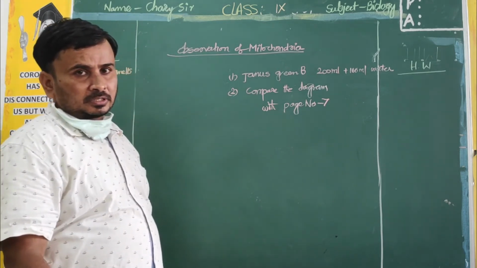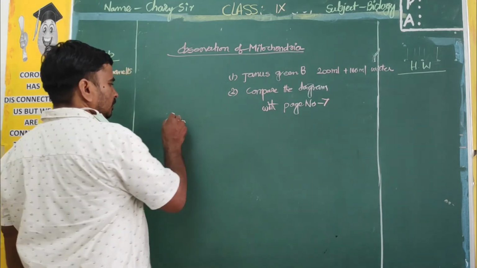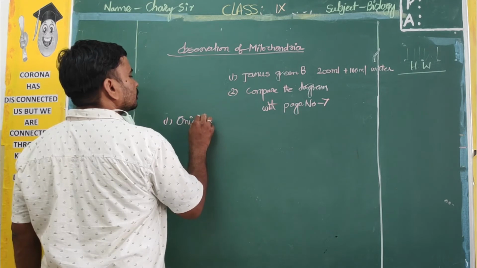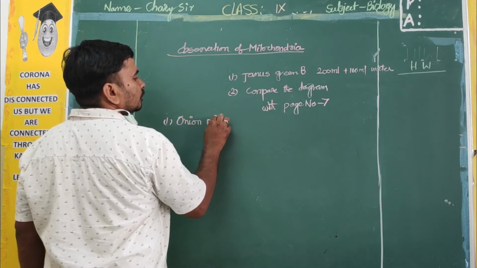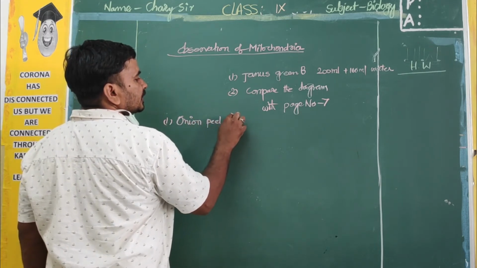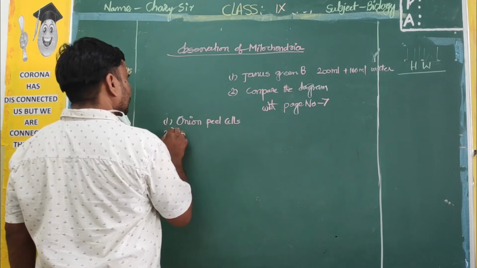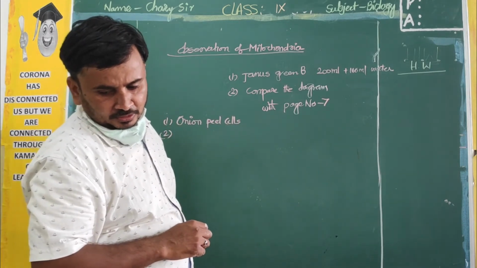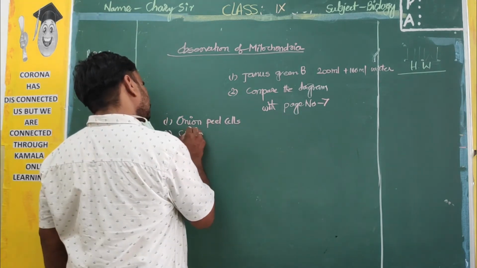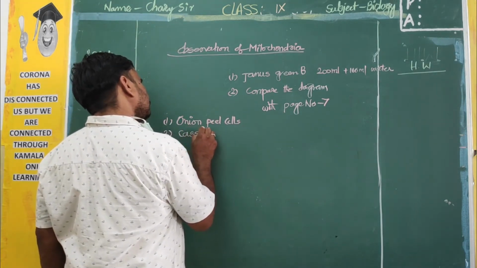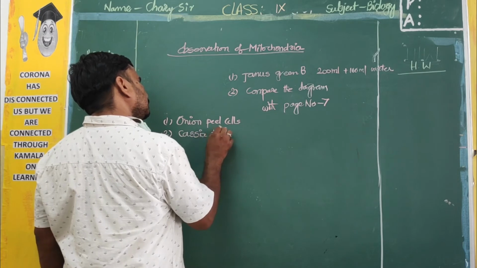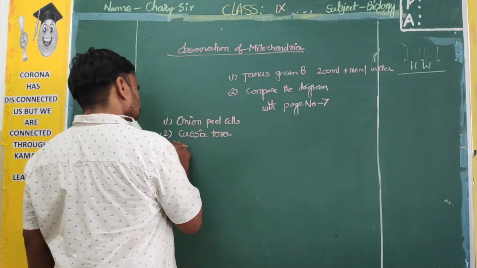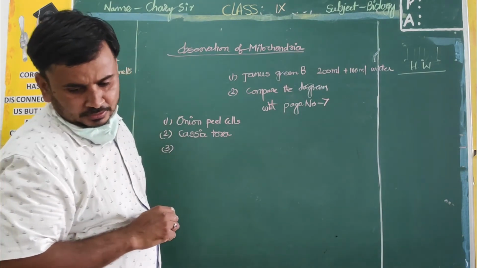Not only this, you have to take onion peel cells in the first experiment. Second is cassia tora.